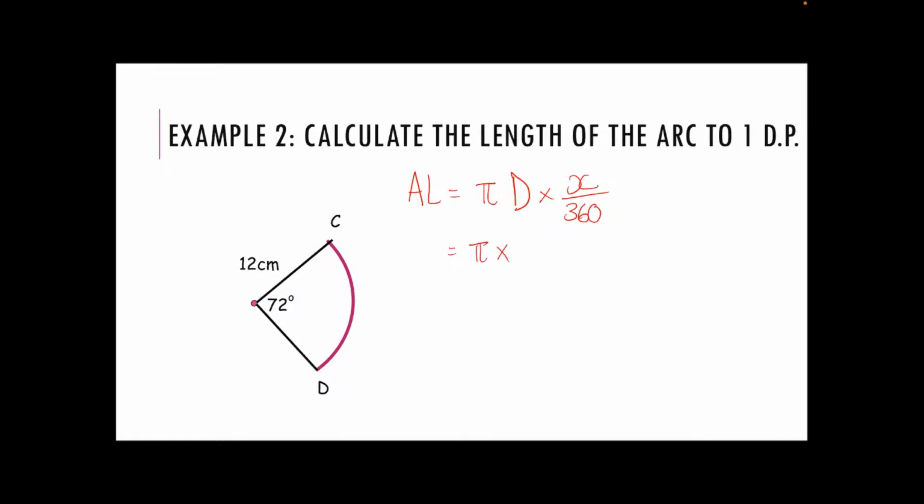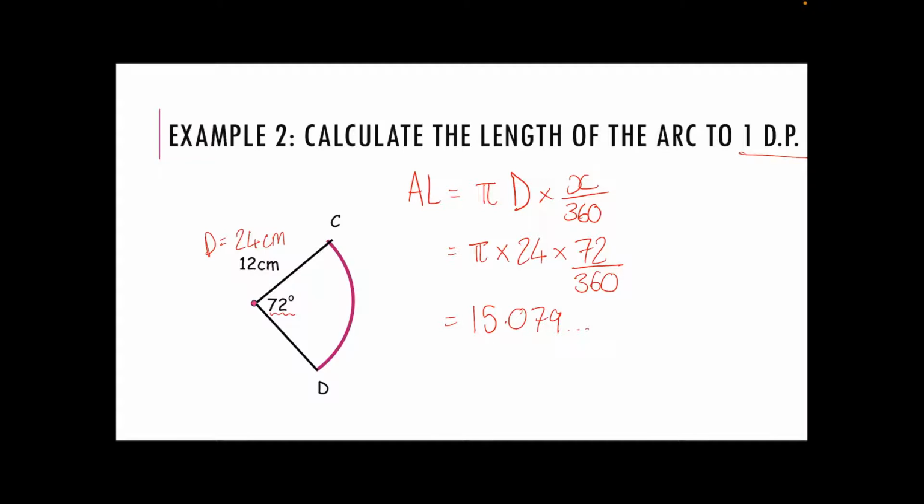So this time my diameter is going to be 2 lots of 12, so our diameter is 24. We are then going to multiply it by the angle, so it is 72 out of 360. And again I'm doing pi times by 24 times by 72, hitting equals and going straight to divide by 360 to give us 15.079.